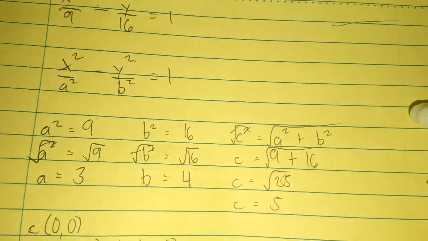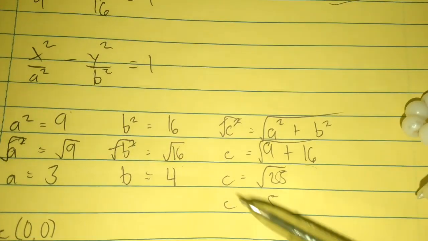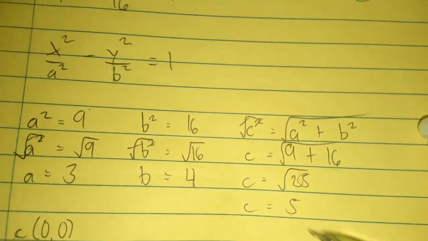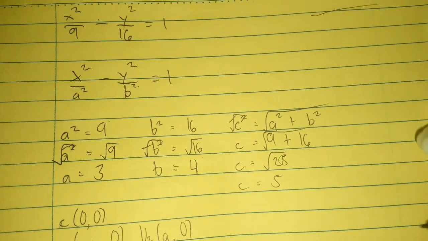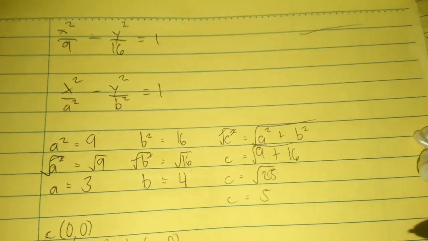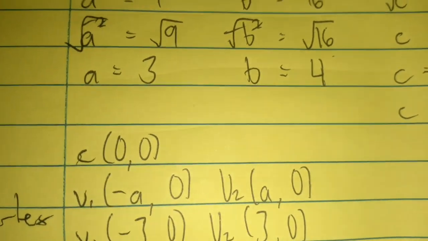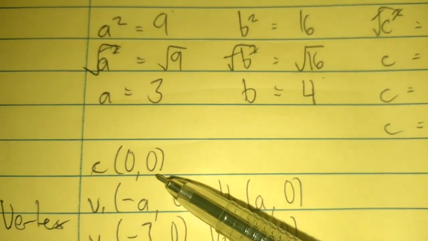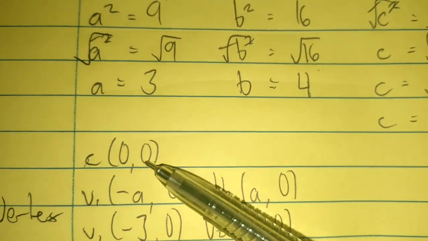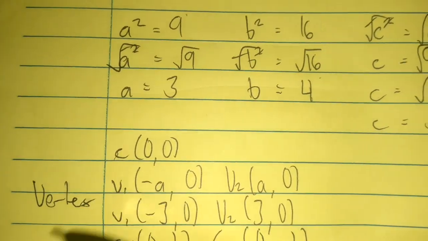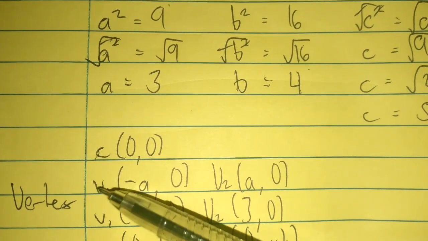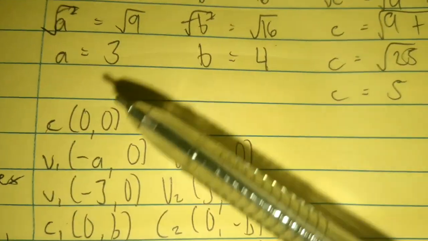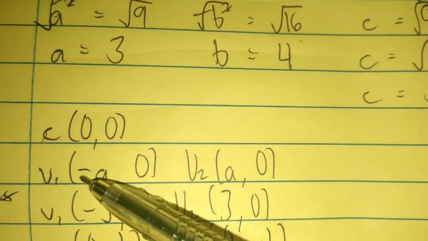Now that we have all the values of a, b, and c, it is easy to find each point of the hyperbola. We are only talking about the origin, so the center would always be at (0, 0). In order to find the vertices, since there are two, we need to use these equations.